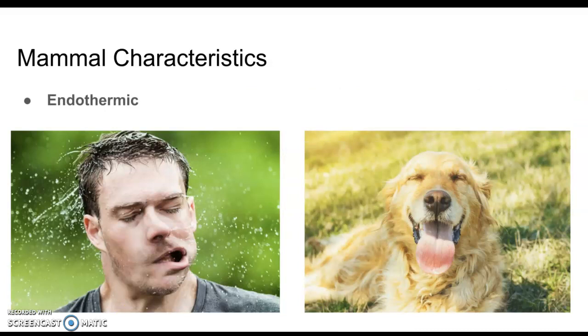Another characteristic about mammals is that they are endothermic. They must do things like sweating, panting, and shivering to maintain internal body temperature, to support the high metabolism for all the movements that they do.